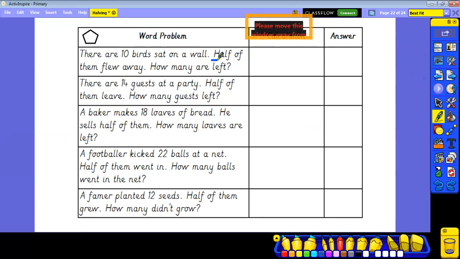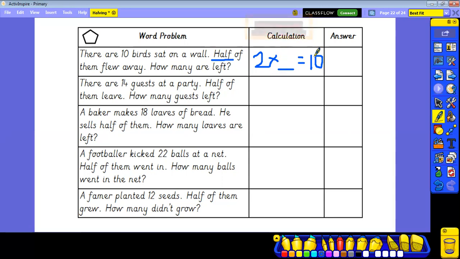This question is about halving, so I know that there are 2 groups of something that equal 10. Well, I know that 2 is a factor, so my other factor is half of 10.